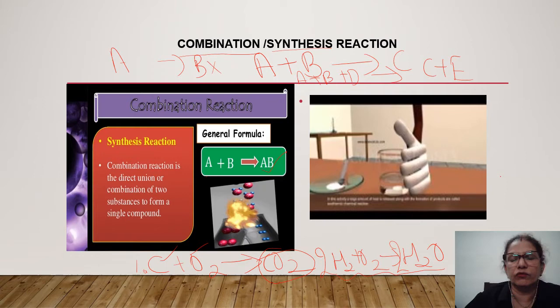I think you can watch the video even later on, but otherwise this will be playing and you can see the video which will help you to understand the combination reaction a little better.